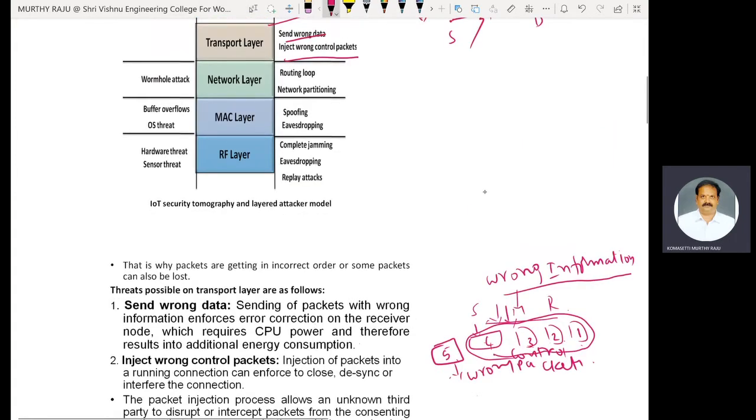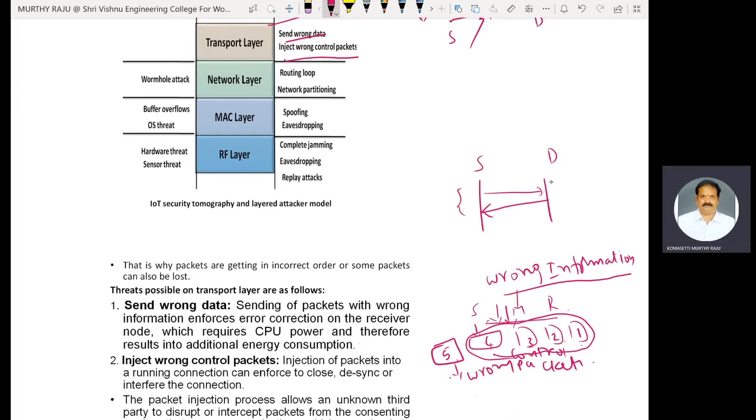Control packets work like this: there is a source node and a destination node. The source node wants to send information to the destination node. The source node sends some control packet to the destination node to request access to send the information. The destination node is ready to receive data from the source node, so the destination node sends acceptance.